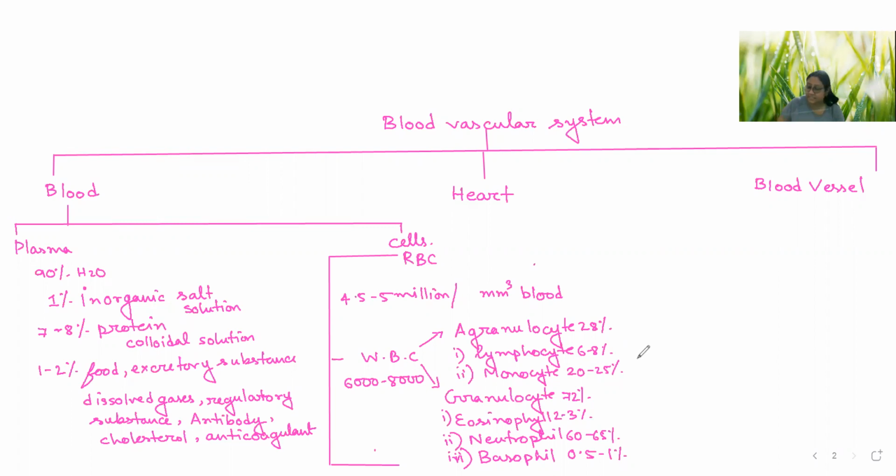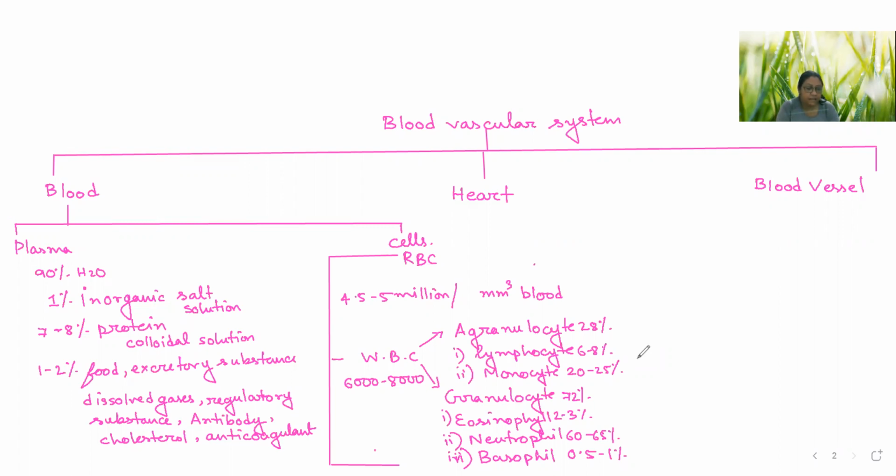Monocytes are the largest cell out of all leukocytes, and they have a sub-rounded nucleus. If you look into the WBCs, they have various shapes of nucleus, and that is the main important characteristic by which we can identify them. Last time when I taught you the tissue chapter, I showed you the blood smear diagram. I'm not showing it over here.